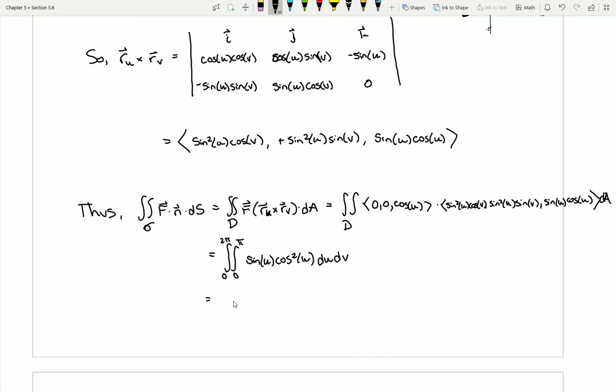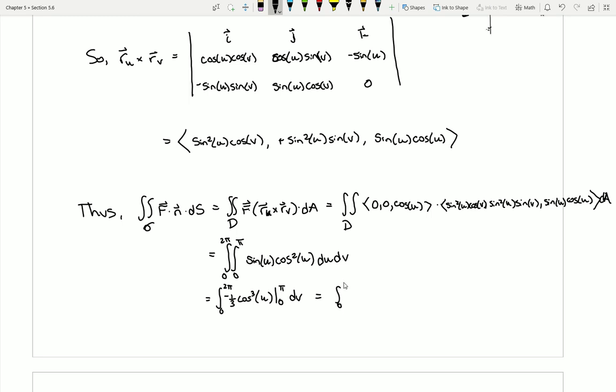I believe, you could double check me, that the antiderivative with respect to u of what I have on the inside here is just negative 1/3 cosine to the third of u. Checking with the derivative, the 3 would come down, lower this to a cosine squared, and then the derivative of the cosine would be negative sine, which I almost have. So if I just put an extra negative on here, I have a perfect antiderivative. I would just evaluate this from 0 to pi, and then I have dv.